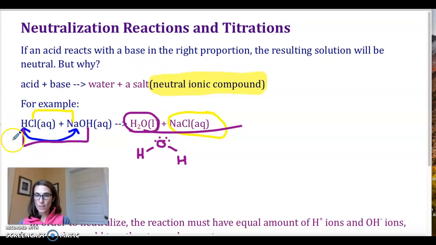The positive hydrogen ion is bonding with the negative hydroxide ion from the base, and you're getting that H2O. And then the positive ion that was bonded to OH ends up being bonded to the negative ion that was bonded to the positive hydrogen ion from the acid, and that's where the salt comes from. So it's just a double replacement reaction.